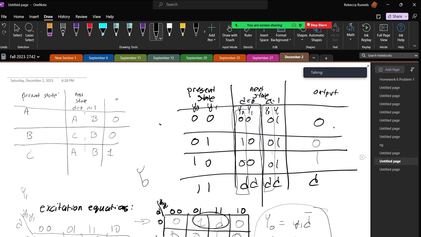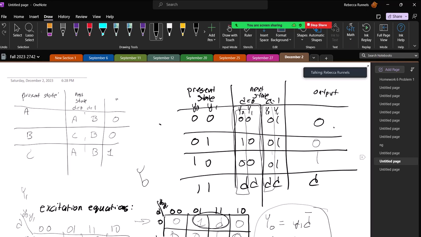Did you get the output from the table or from your state diagram? I got my table from my state diagram. The big thing that changed from here to here was adding my don't cares.